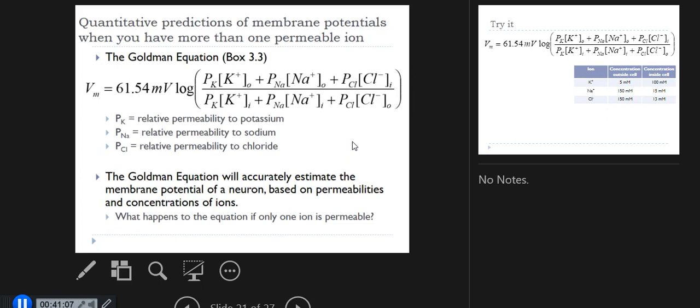This is 0. And the only thing left would be the ions that are permeable. So now we're at 61.54 times the logarithm of the permeability of potassium times concentration out over the permeability of potassium times concentration in. The permeabilities would cancel at that point, and we're left with this equation. It reduces down to the Nernst equation if only one ion can get across. You see that? Kind of neat. So they're all derived from each other.